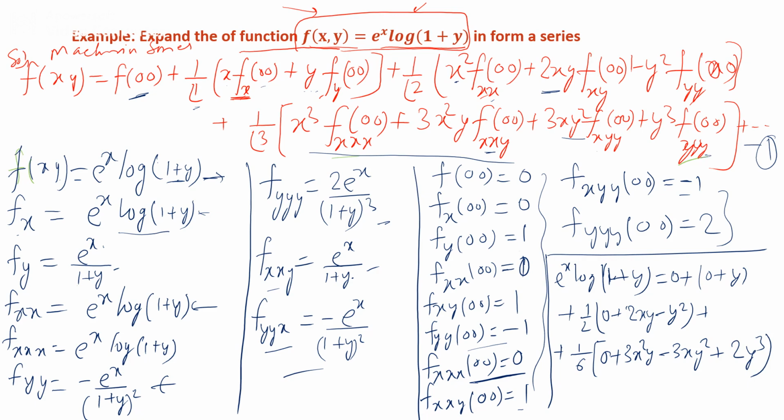Now in a similar way we can simplify and write the equation as y plus xy minus y squared by 2 plus 1 by 2 (x squared y upon 2 minus xy squared by 2) plus and so on.